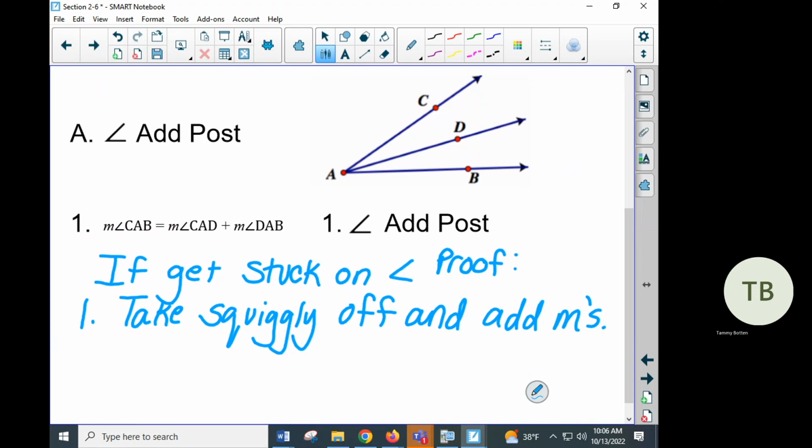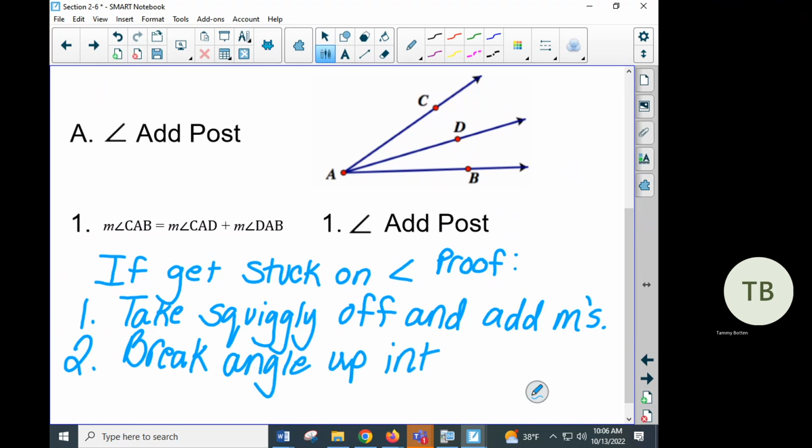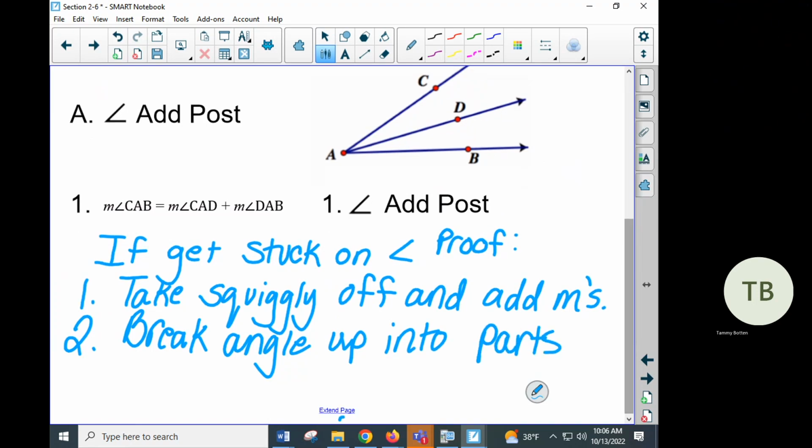Okay. The second thing we would do is we would use angle addition postulate. So let's say break angle up into parts using angle addition postulate.